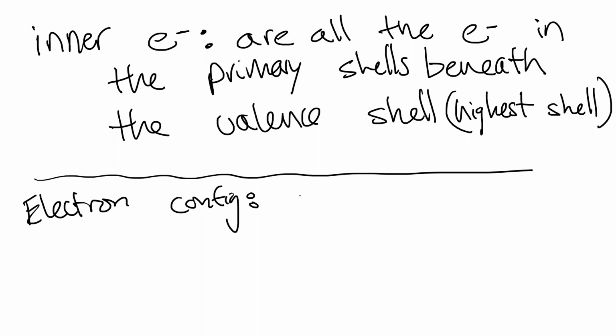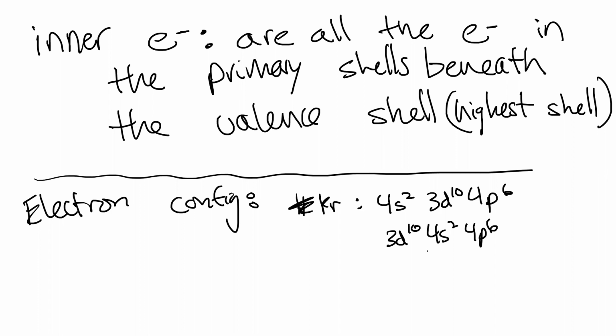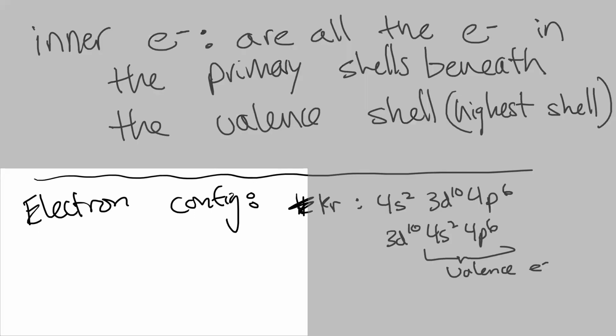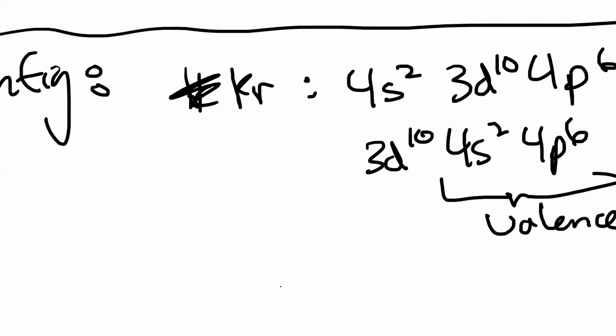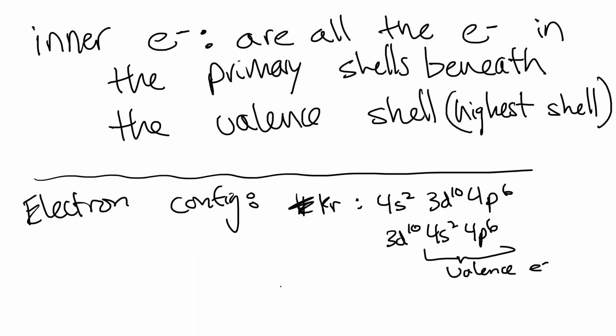So the electron configuration for krypton is 4s2, 3d10, 4p6, and that's how you fill it, but it's actually 3d10, 4s2, 4p6 when you're looking at the valence electrons. That's stupid. Okay. Got it? Okay.